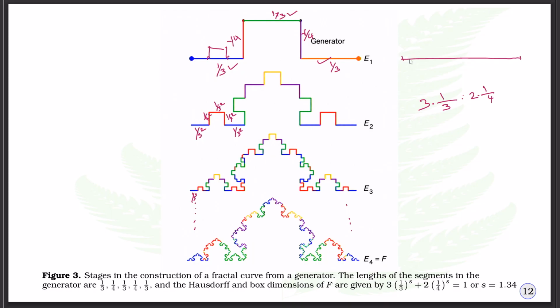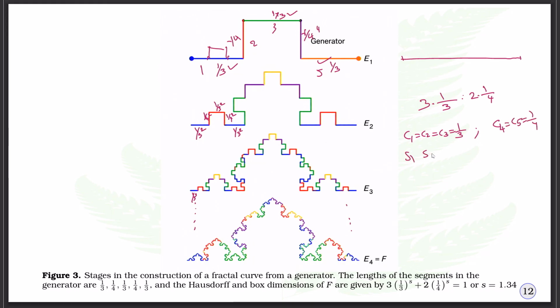For mapping this straight line to here, we need 1, 2, 3, 4, 5 mappings, in which 3 mappings C1, C2, C3 must be equal to 1 by 3, and there must be 2 more similarity mappings, whose contraction ratios C4 and C5 must be equal to 1 by 4.